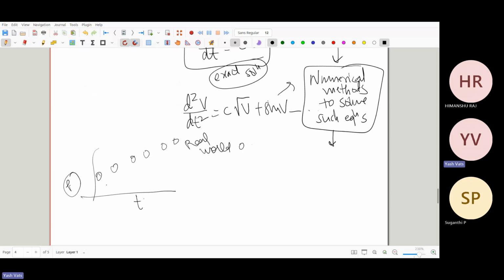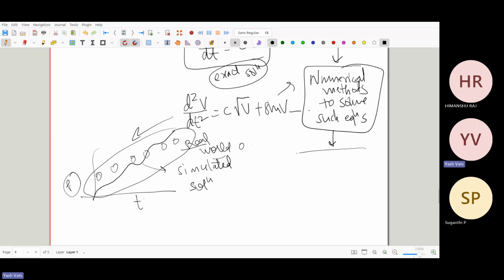Then you have the simulation, the solution of this equation, which fits like this, and this is your simulated solution. And this is the real world. So how do you compare your real world data with the simulated solution, the difference between the two?